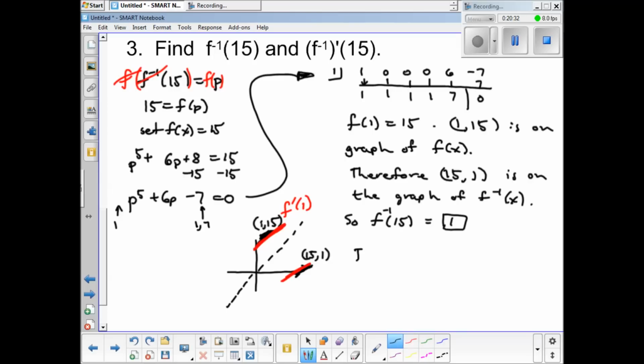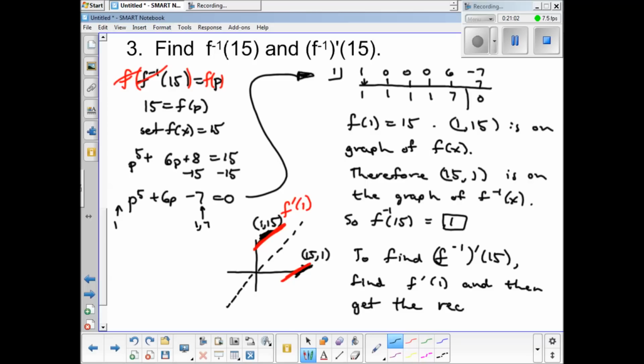So to find f inverse prime at 15, we will find f prime at 1, and then take the reciprocal. It should be very easy to find f prime of 1. It's child's play. So let's do that now.